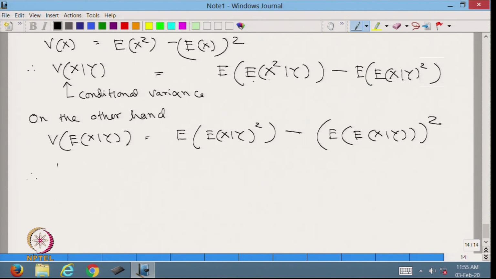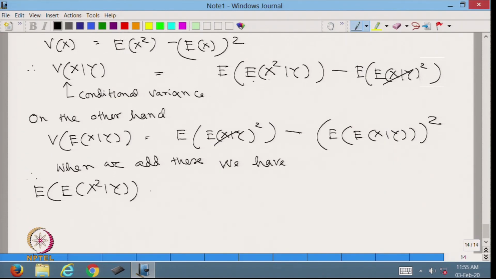Therefore, when we sum them, this cancels with this, result is expected value of x square given y minus expected value of x given y whole square.